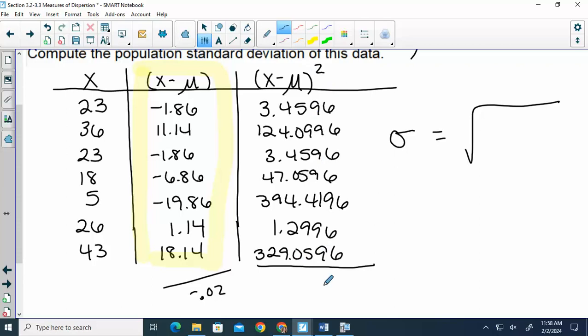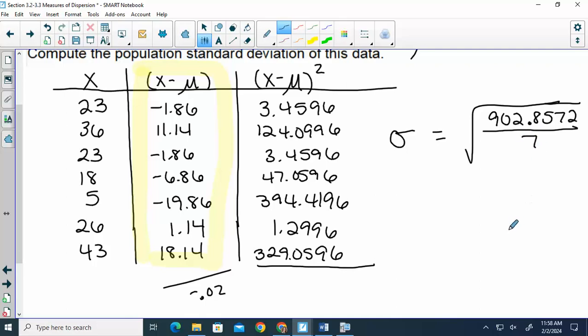So now we add that final column, and we divide it by n, which is the number of points.